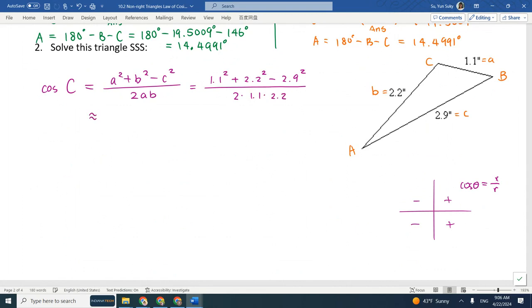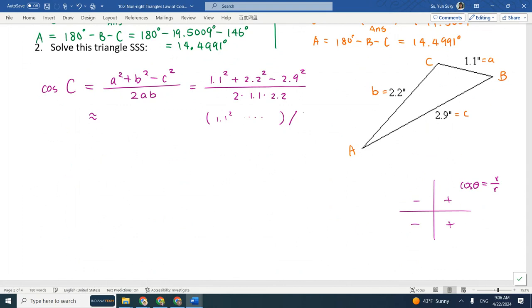So what do you get? Give me 6 decimal places. And try to enter everything in one line. So you can put parentheses, 1.1 squared plus 2.2 squared minus 2.9 squared, parentheses.